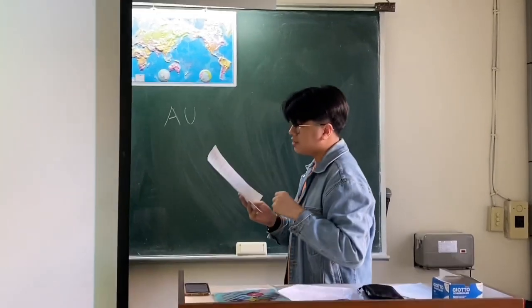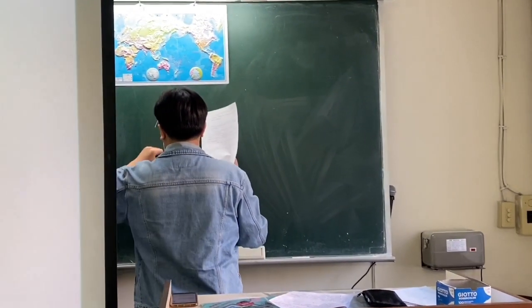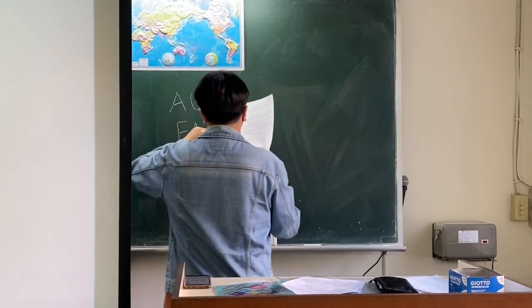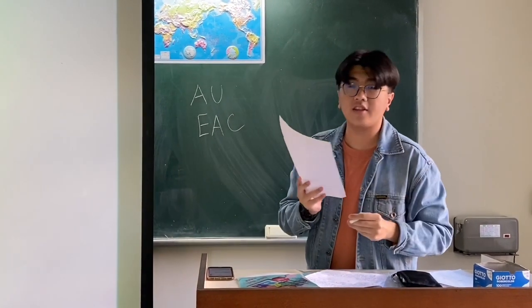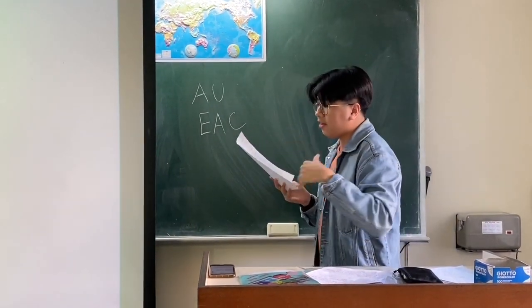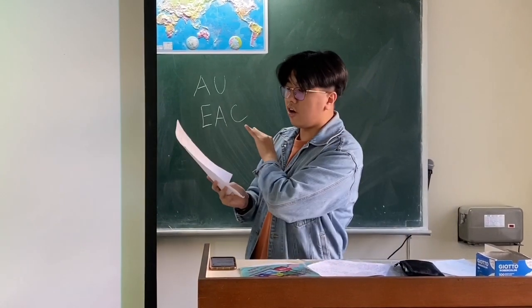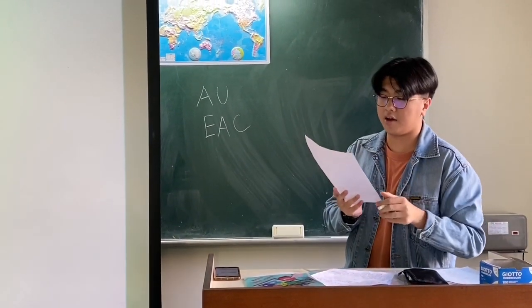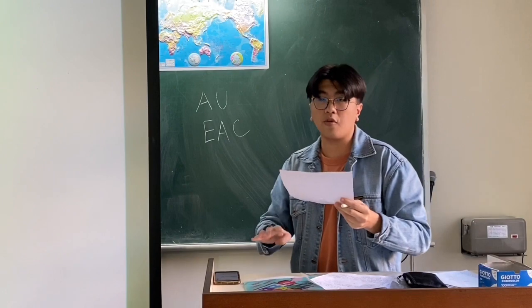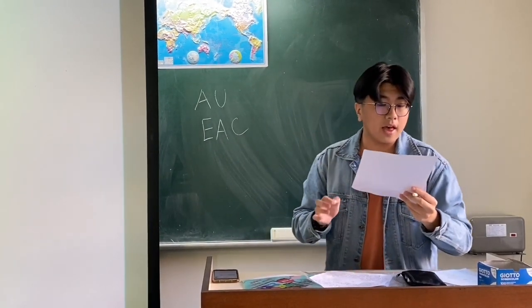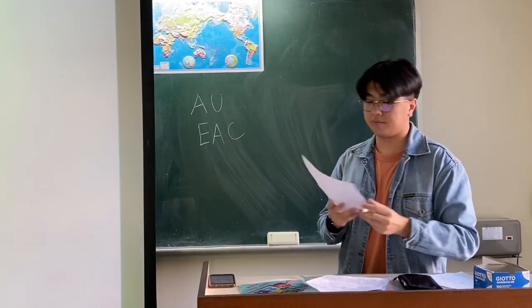And another one is the EAC, the East African Community. It consists of 6 nations in East Africa, and in 2004 they signed a contract and formed a customs union.